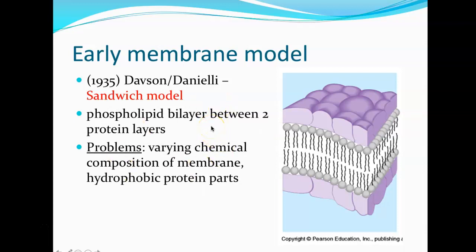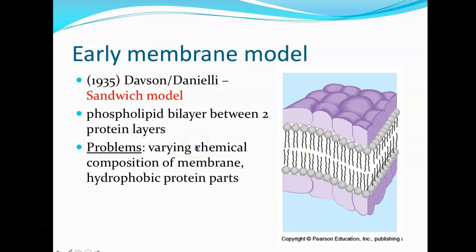The problem was that once microscopes were developed and became really sophisticated, they found that there was varying chemical composition across the membrane and that there were hydrophobic protein parts. So the protein somehow must be embedded within the hydrophobic part.